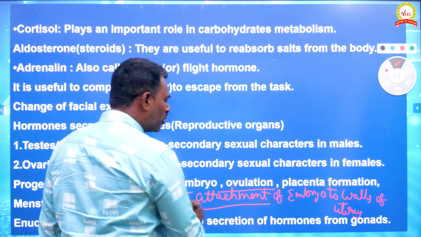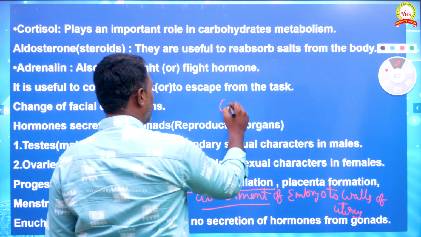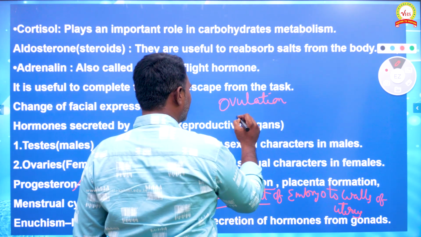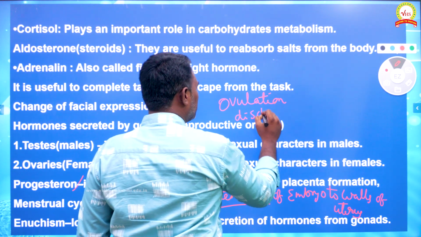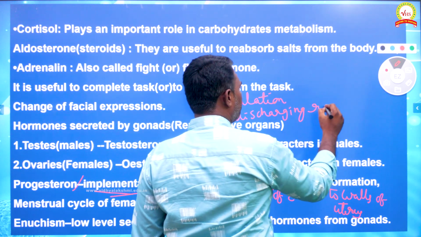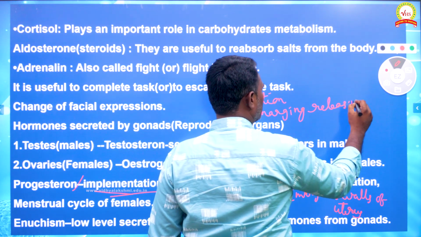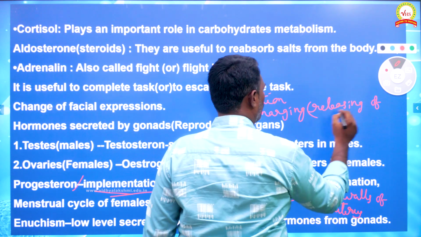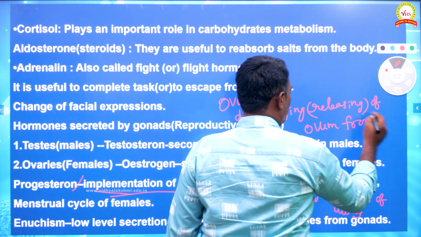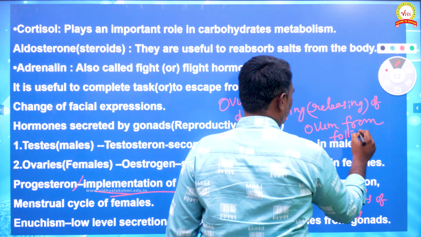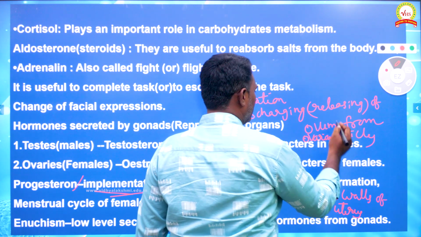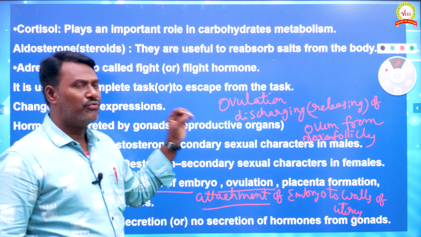Next, it is also useful in the ovulation process, which is very important. Ovulation can be defined as the process of discharging or releasing of ovum from ovarian follicles or Graafian follicles.